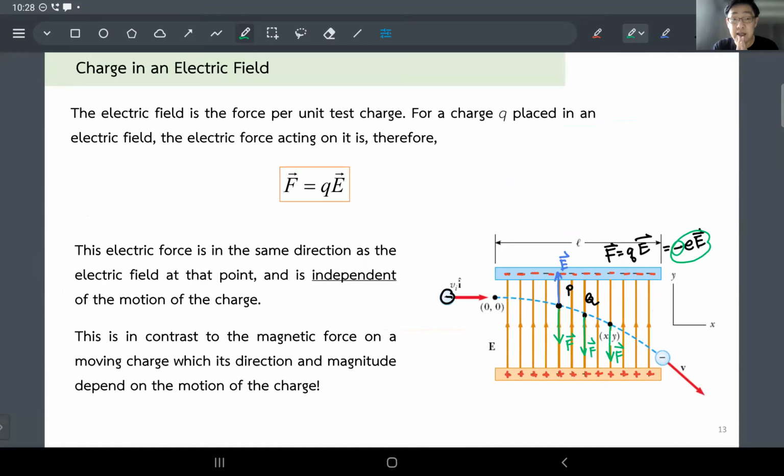It's simply charge multiplied by the field. And the direction, you have only two choices. It's either pointing along the same direction as E, if that charge is positive, or it's going to point in the opposite direction if the charge is negative. That's it. Cool, simple enough.